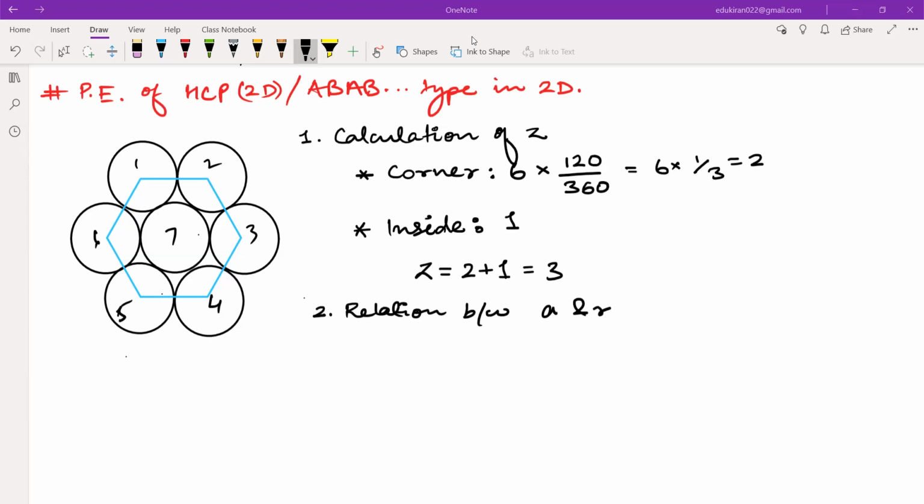What will we be doing here? Tell me. You have to look at the atoms that touch each other.